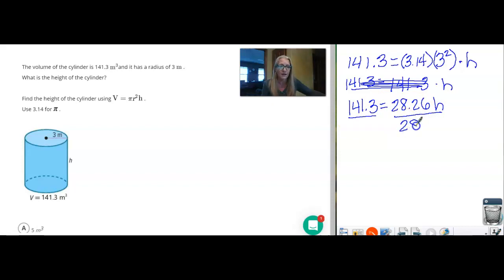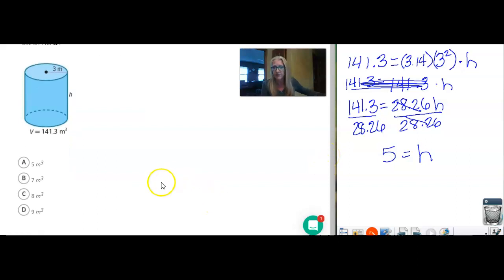So if we divide both sides by 28.26, these will cancel, leaving us with just h, which is what we want to know. And on the left-hand side, 141.3 divided by 28.26 is 5. So when you come over here, you'll scroll down and you'll see this time it was A.